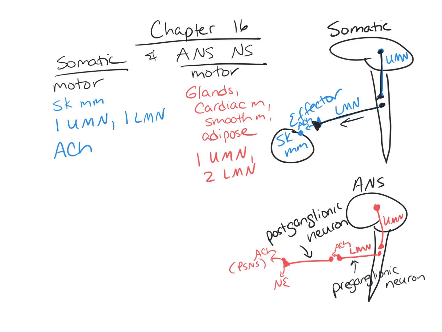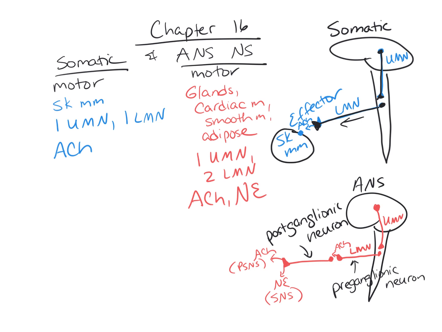It releases norepinephrine if it's part of the sympathetic nervous system. There's one example that I want you to know, but we'll talk about that later. So for the autonomic nervous system, the neurotransmitters are ACH and norepinephrine. Another neurotransmitter in the autonomic nervous system is epinephrine, but that's another exception that I'll talk about later.